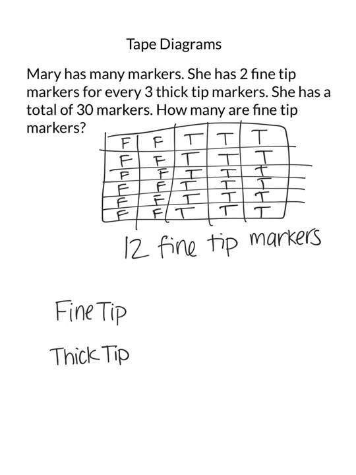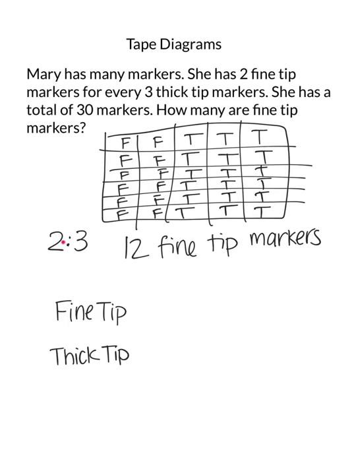To figure out how many boxes I draw, I need to think about the ratio of fine tip markers to thick tip markers. So it tells me here I have 2 fine for every 3 thick. So my ratio would be 2 to 3.